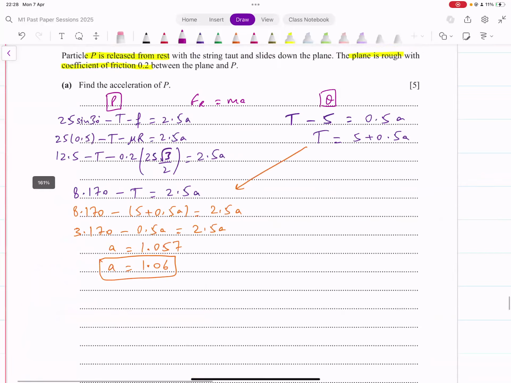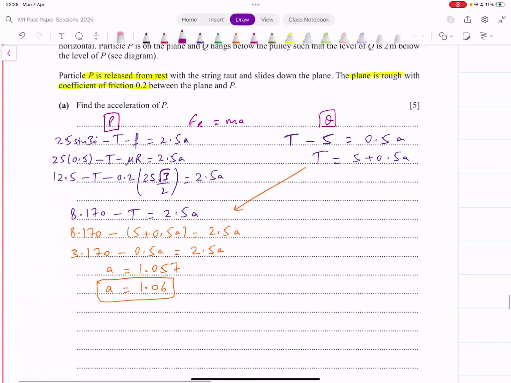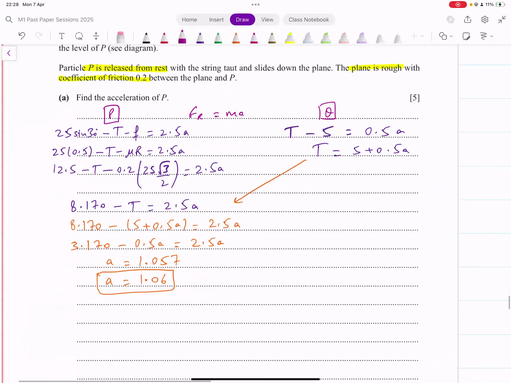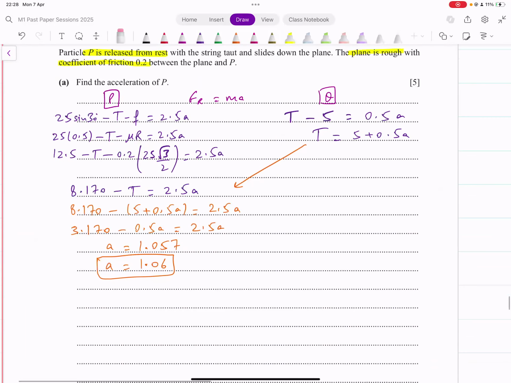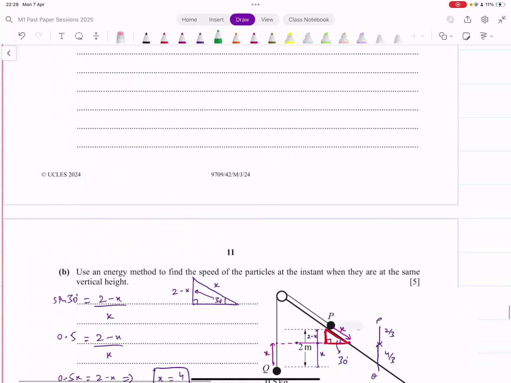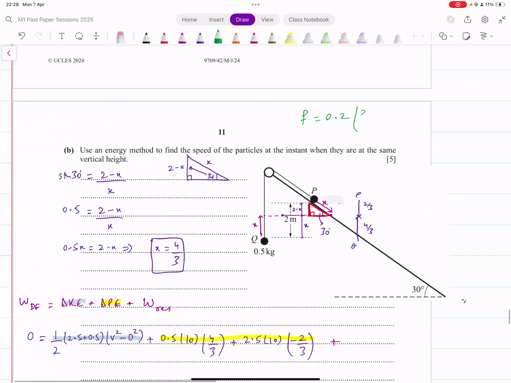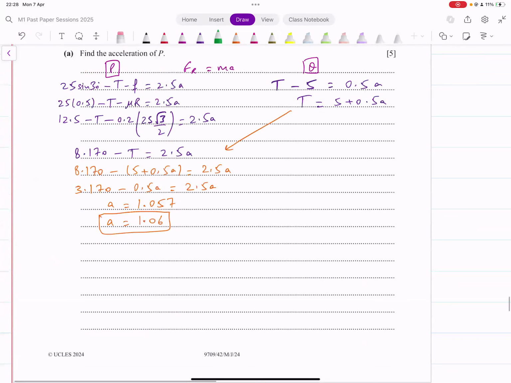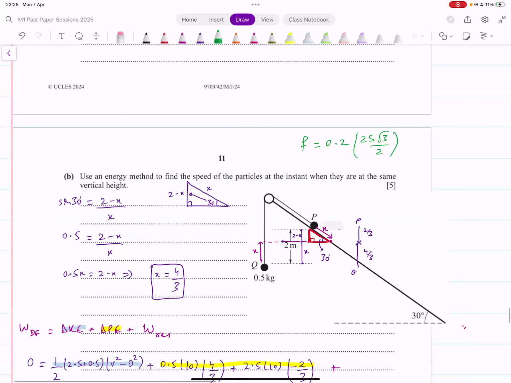The value for friction was mu R, mu into R. Let me write that down here: 0.2 into 25 root 3 over 2. That was the value for friction. What's this value? Can somebody tell me what this value is in decimals?